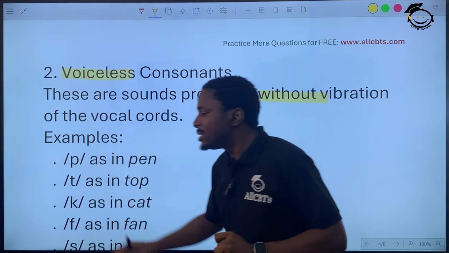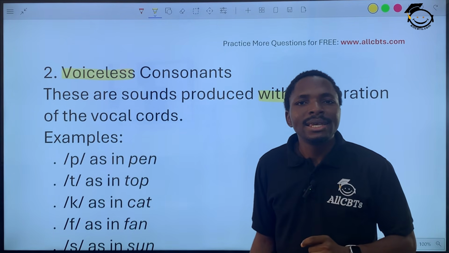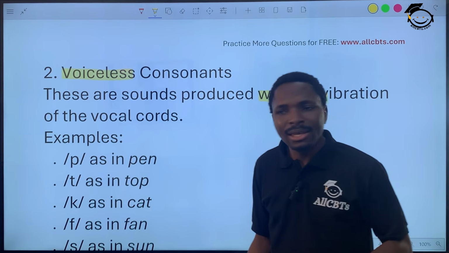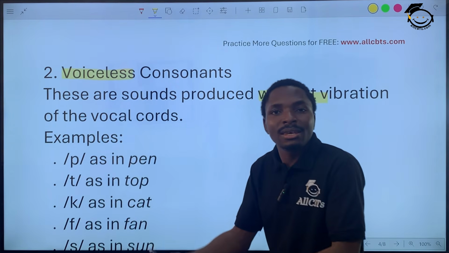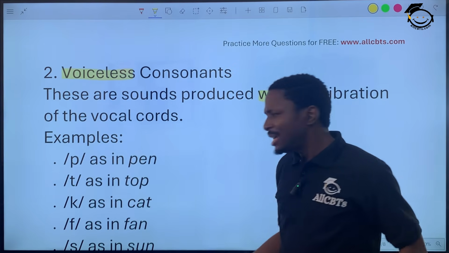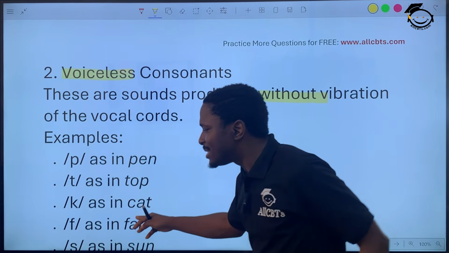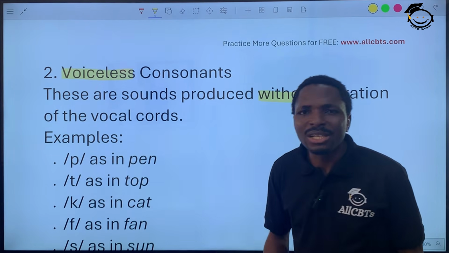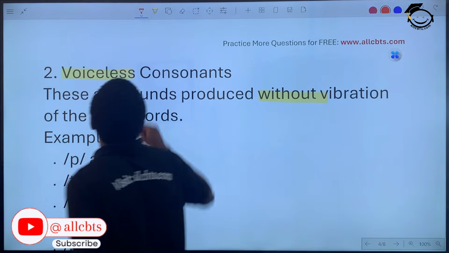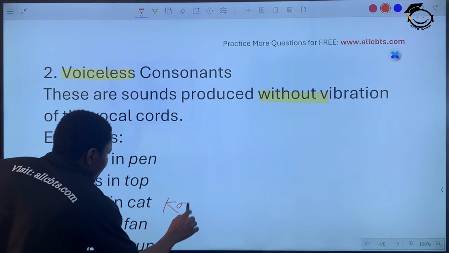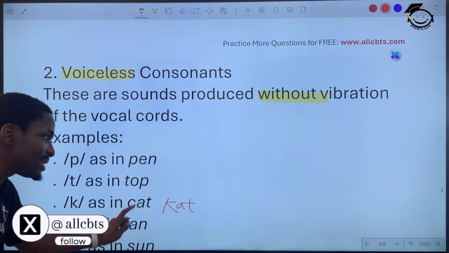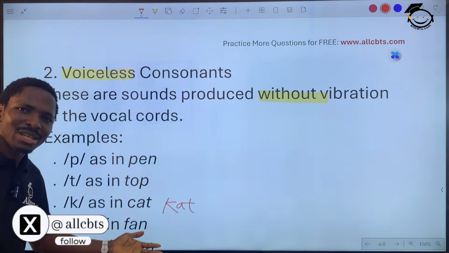Now, what about this? For cat. Correct. If you didn't know that this started with C and you were asked to spell it, how would you spell it? Wouldn't you spell it with this letter?